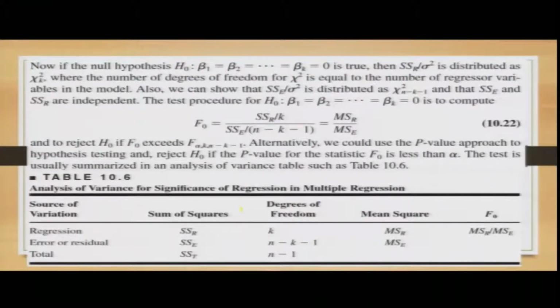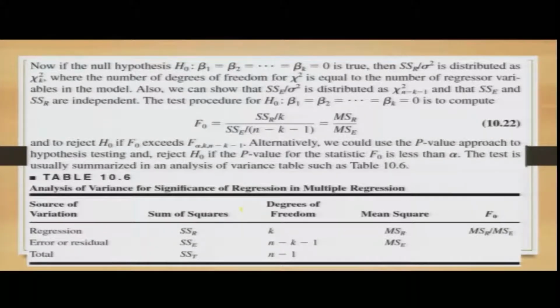Now, if the full null hypothesis, which is H naught, is true, then SSR, for the regression model, divided by sigma square is distributed as chi square, where the number of degrees of freedom of chi square is equal to the number of regressor variables in the model.